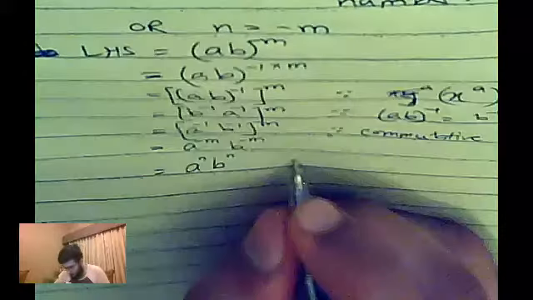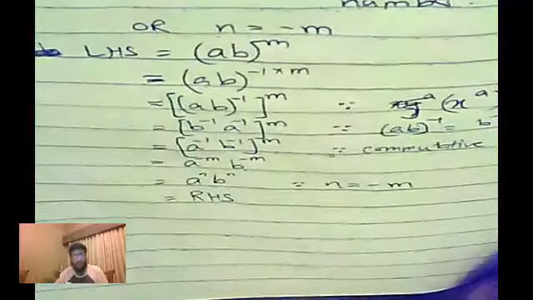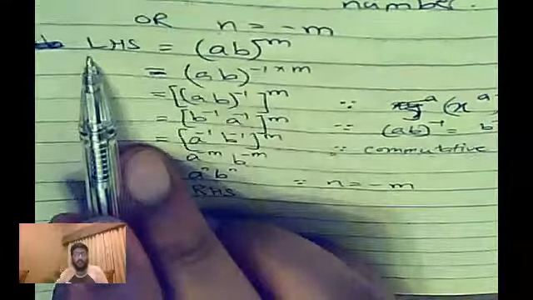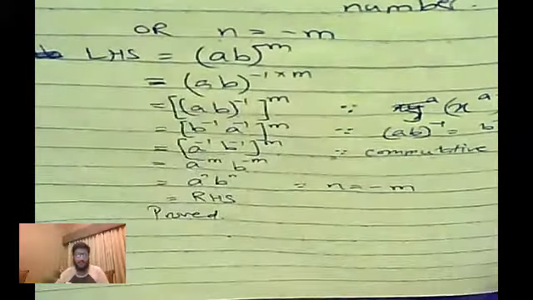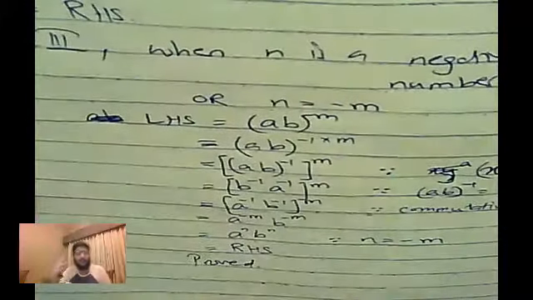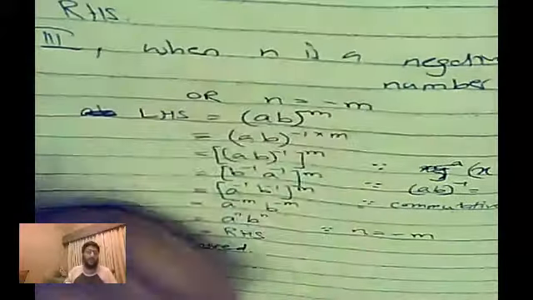So this equals A power n, B power n, because n equals minus m. And this is equal to our right hand side. So LHS is equal to RHS. Proved. Now all the cases have been proved, and in the three different scenarios we proved that (AB) whole raised to the power n should be equal to A power n, B power n.